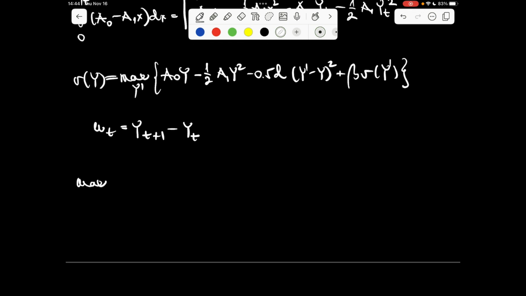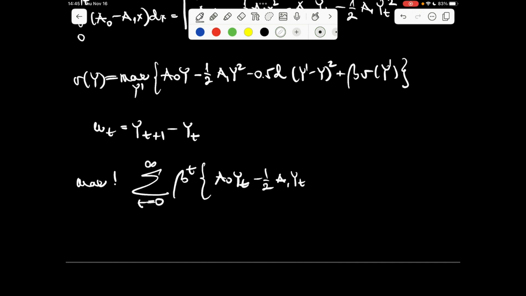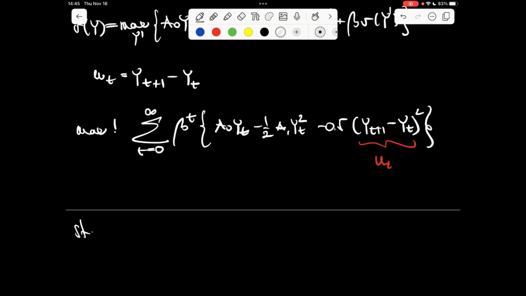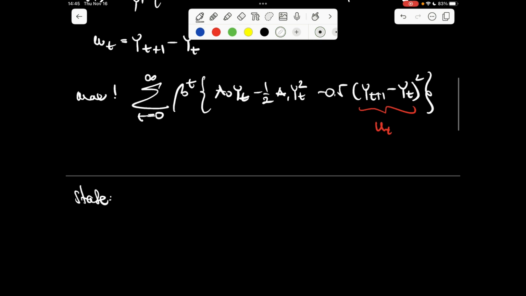So the objective function for the social planner then, where this difference is the control. All right. The state vector is really simple. Okay.